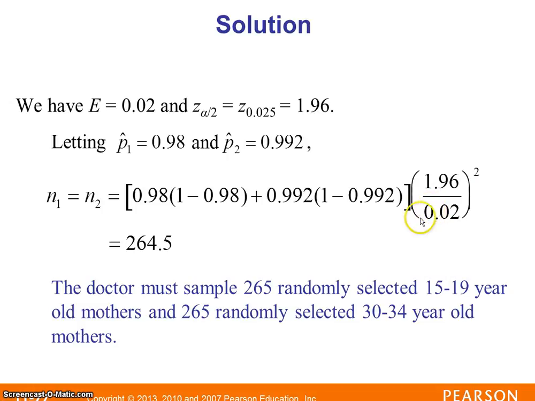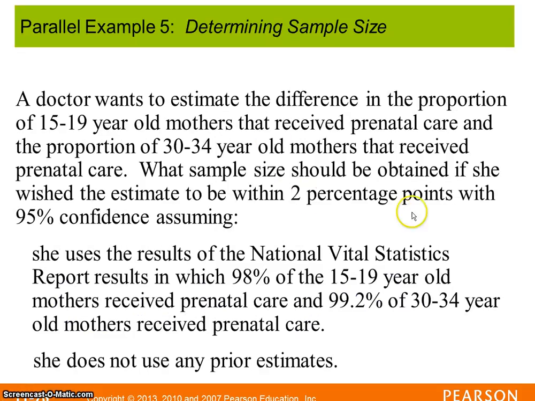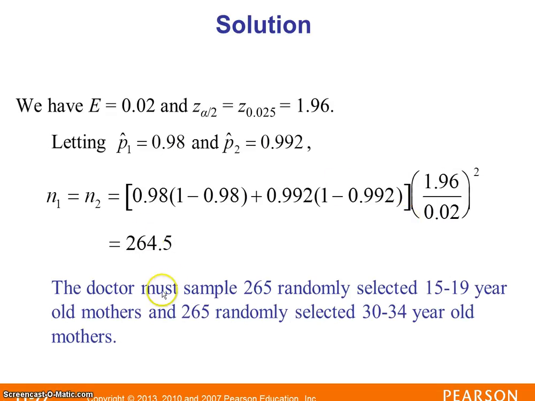And again, remember there's a 2% margin of error. So you get about 264.5. That means the doctor would have to sample at least 265 randomly selected 15 to 19-year-old mothers and 265 randomly selected 30 to 34-year-old mothers.